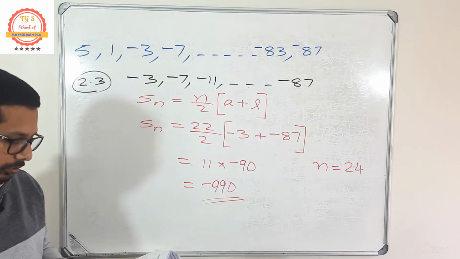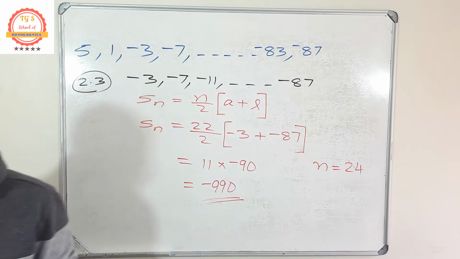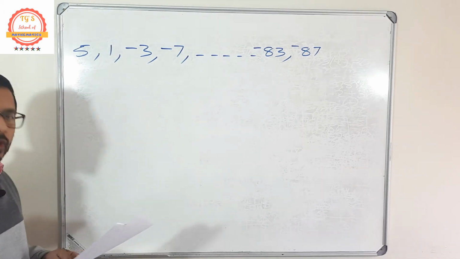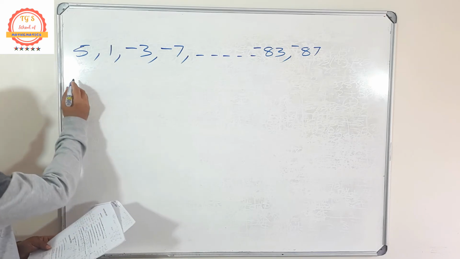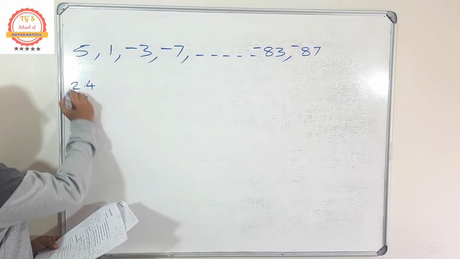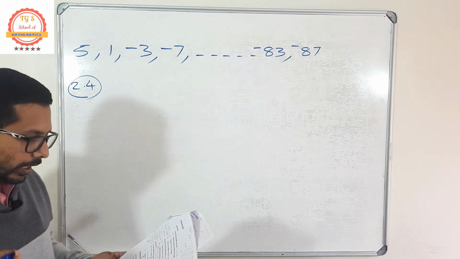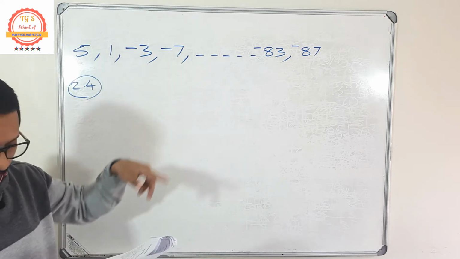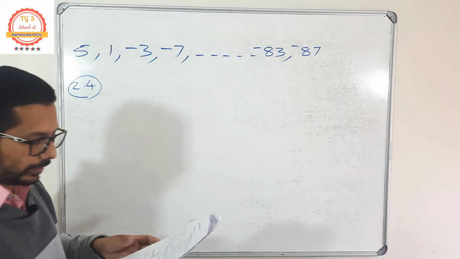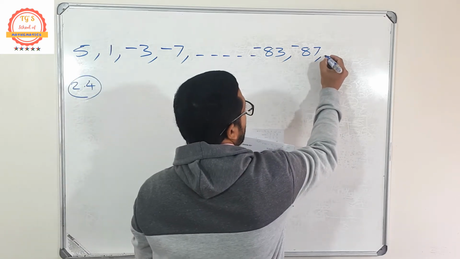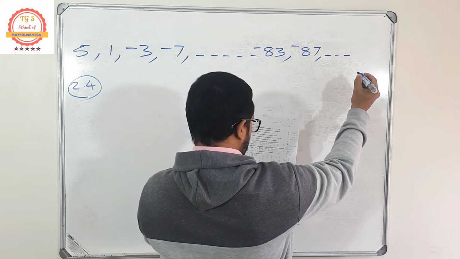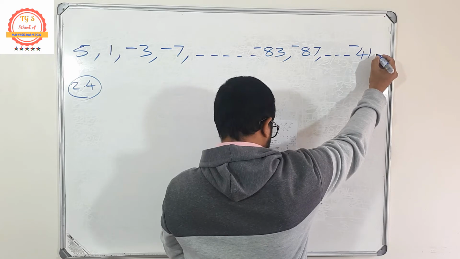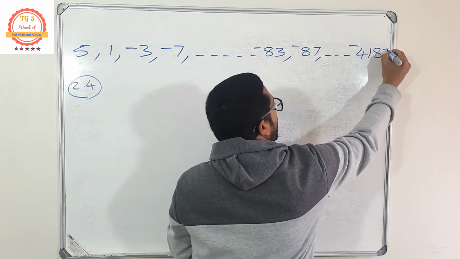Now let's go to question number 2.4. Okay, question number 2.4. Please try to read that question and understand the meaning of that question. Consider the sequence 5, 1, minus 3, etc., minus 83, minus 87. Then again this sequence is continuing and they are saying the last term is minus 4187.